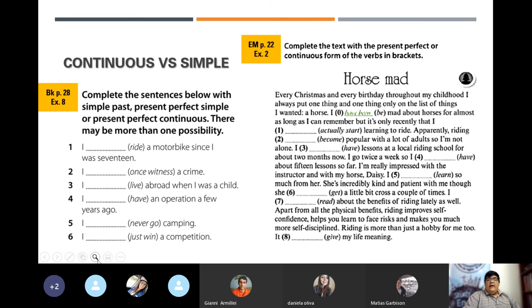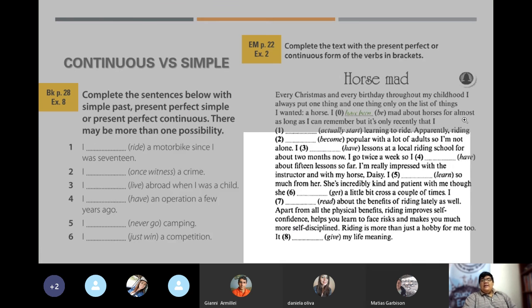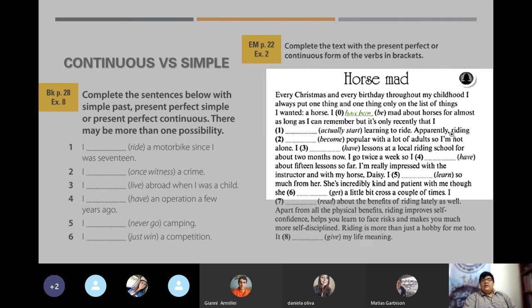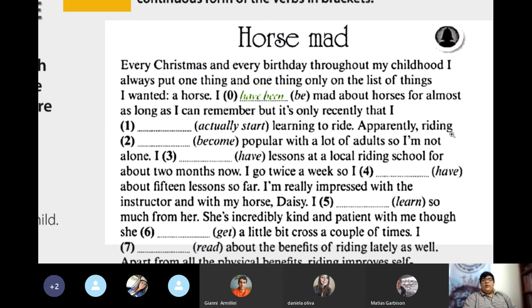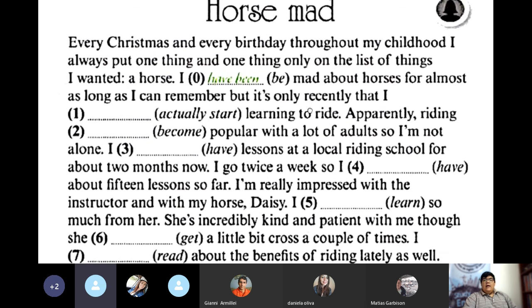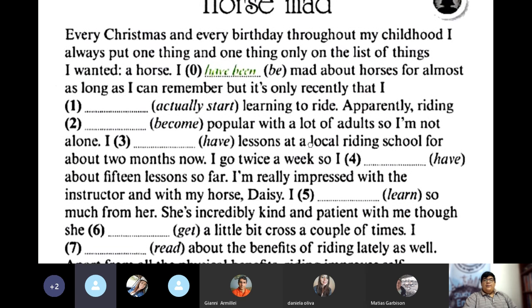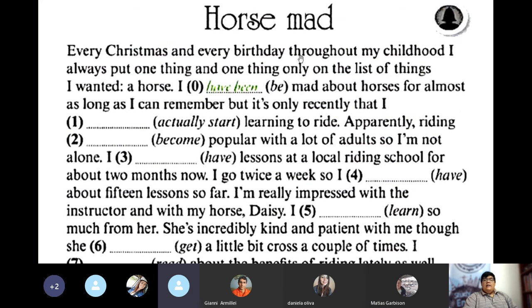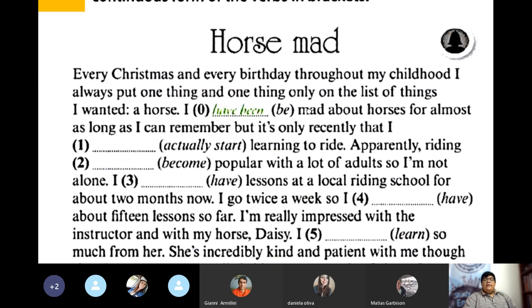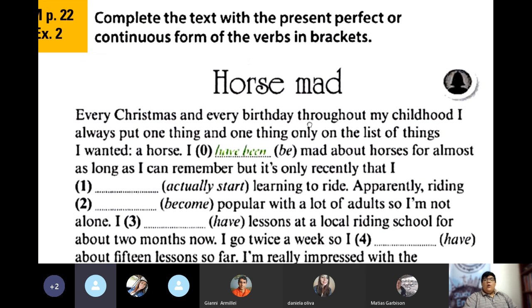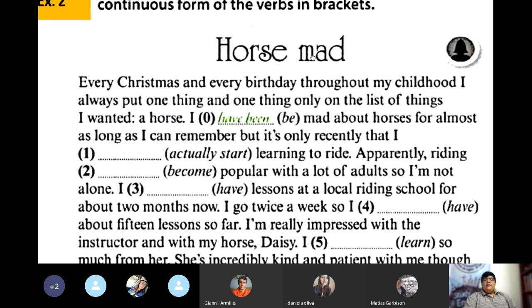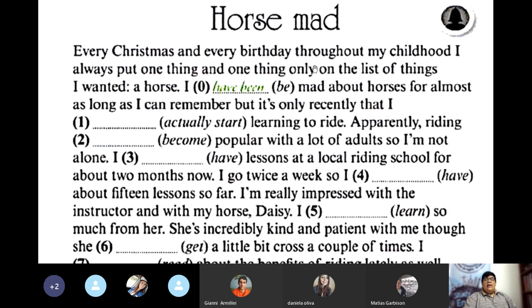So let's go to the other activity. This activity is from the exam maximizer, so maybe you don't have it. In this activity, you have to complete the text with the present perfect, simple or continuous. Horseman.